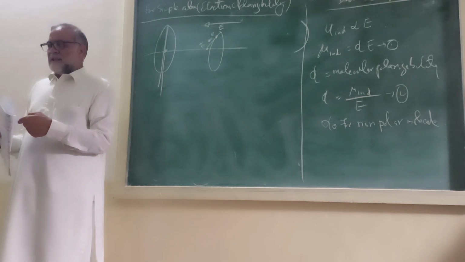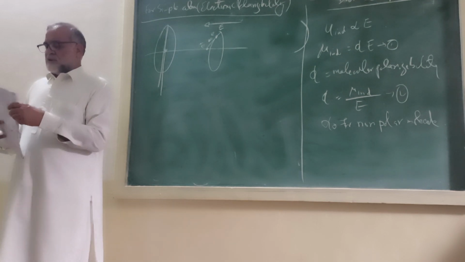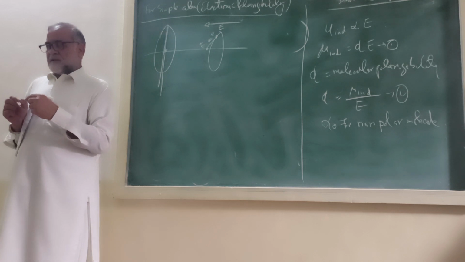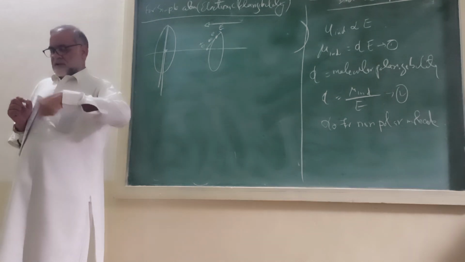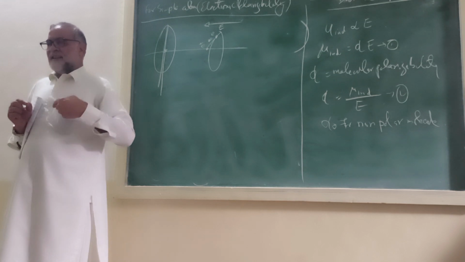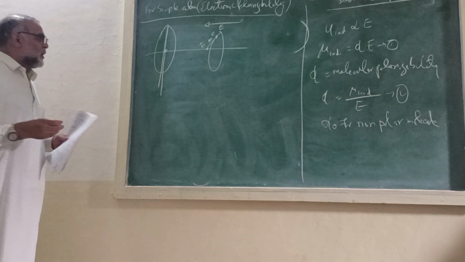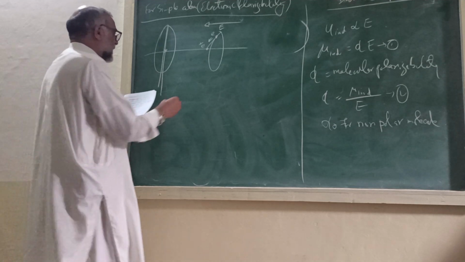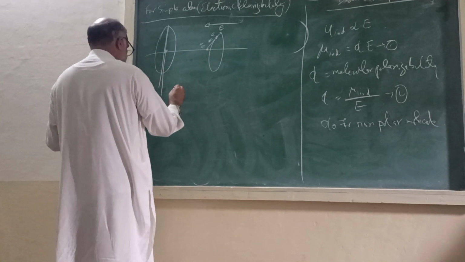When we apply the electric field, the positive nucleus is here, and the electrons are orbiting displaced like that.